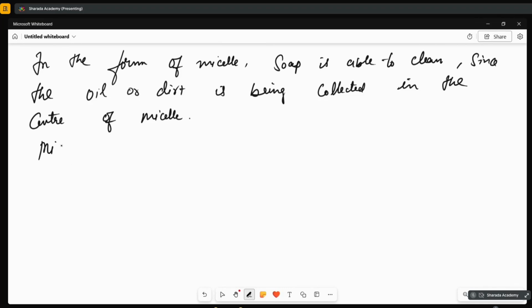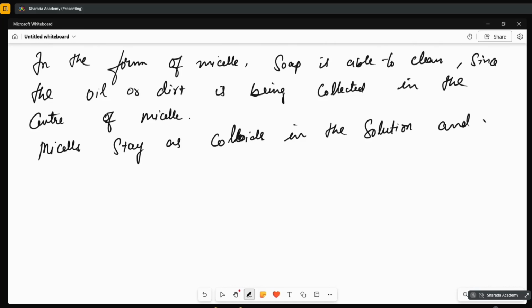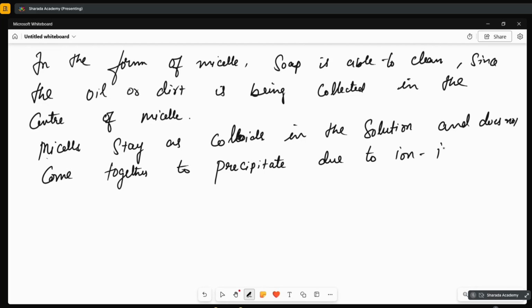Right now, micelles stay as colloids in the solution and do not come together to precipitate, due to ion-ion repulsion.